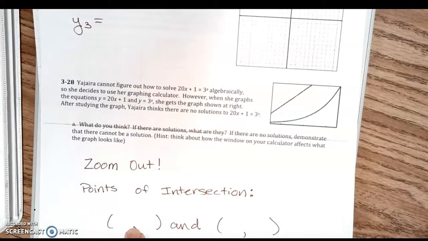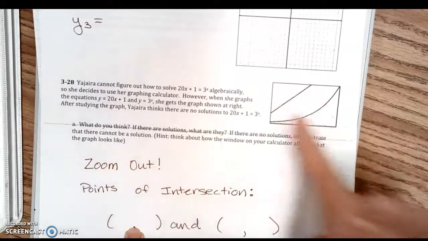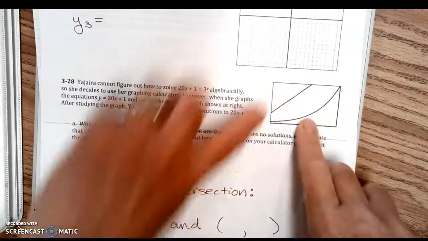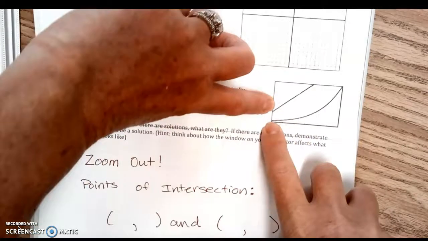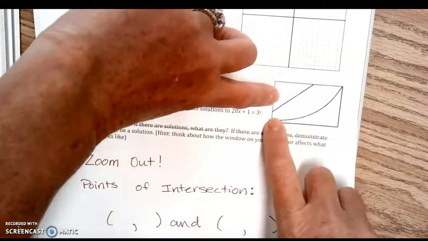You guys have used Desmos enough that you should do what? Pick it up and move it, or zoom in or zoom out, right? Because they're not intersecting in this window, but look what's happening right here. What is this going to indicate to you right here? They're getting closer together, right?